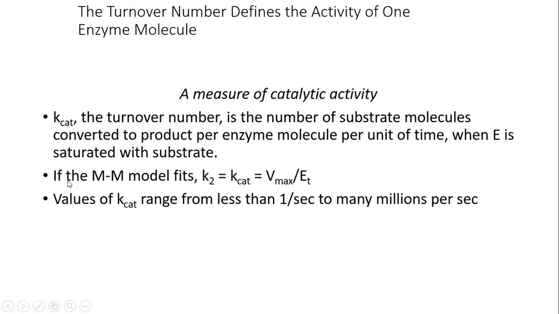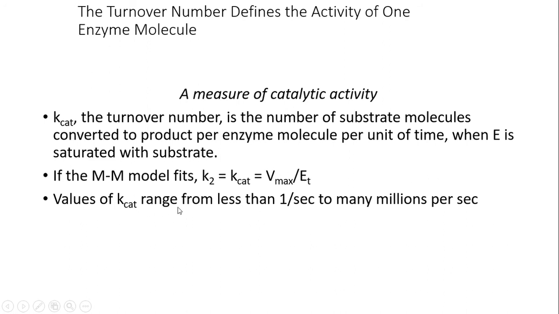So if the Michaelis-Menten model fits, K2 equals the kcat, which equals Vmax over the total enzyme concentration. So kcat, turnover number, equals Vmax divided by total enzyme. And that is an equation we will be using.